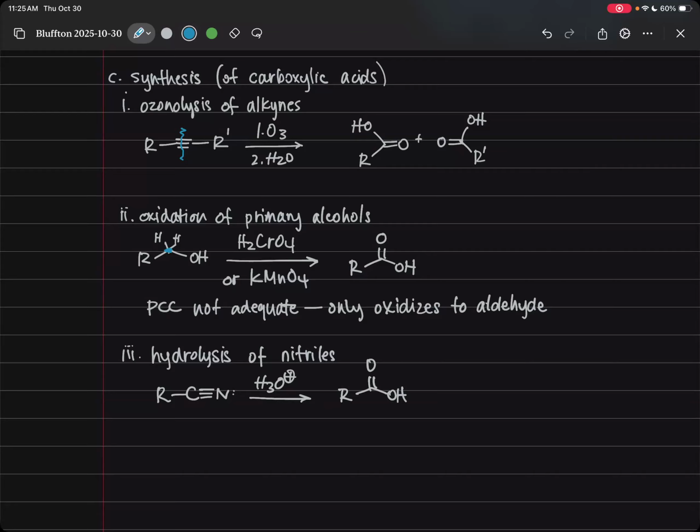So in all cases here, we are preserving the oxidation state of the central carbon. And so basically that means the same number of bonds.